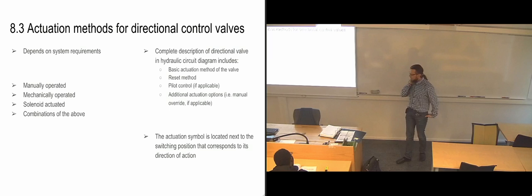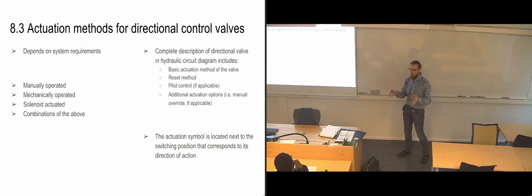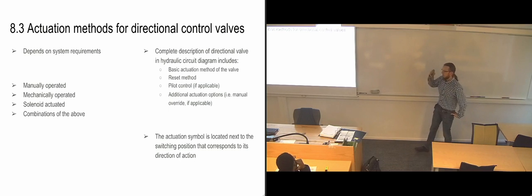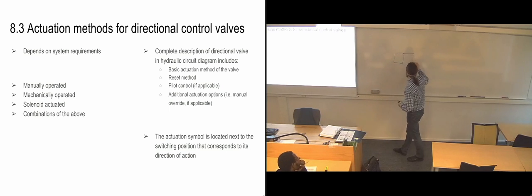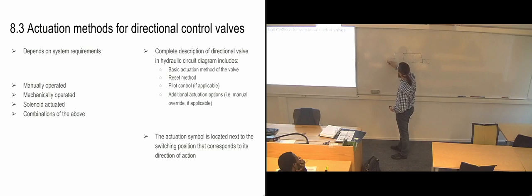And of course, we've already seen that the symbol is located next to the switching positions in the boxes on the field, but it also is that the actuation symbol is located next to the switching position that it's going to switch to. So in an example on the previous one here, we had a 4/3-way valve, and then we have solenoid on each side and the springs.